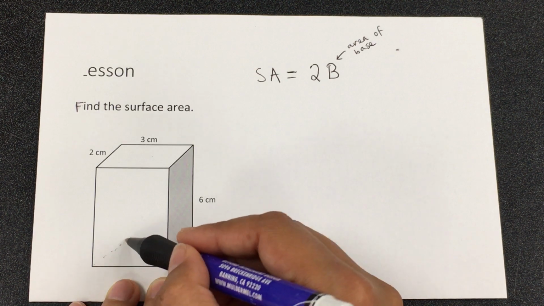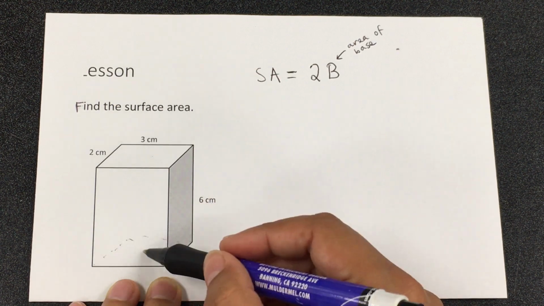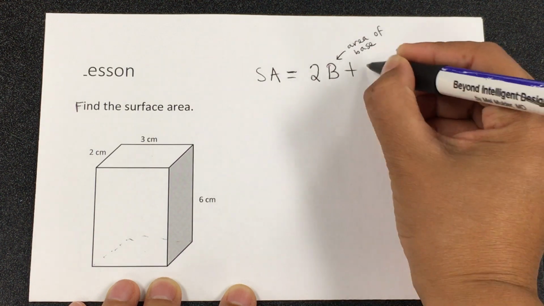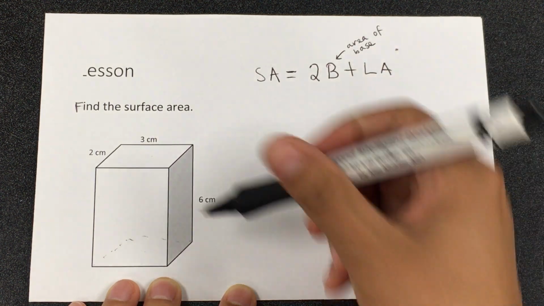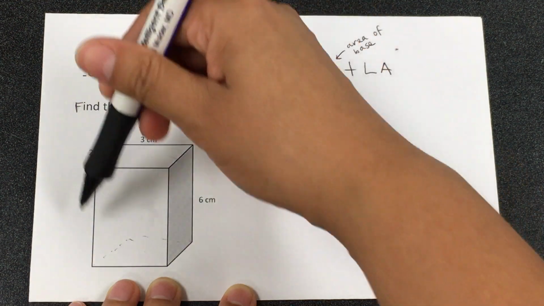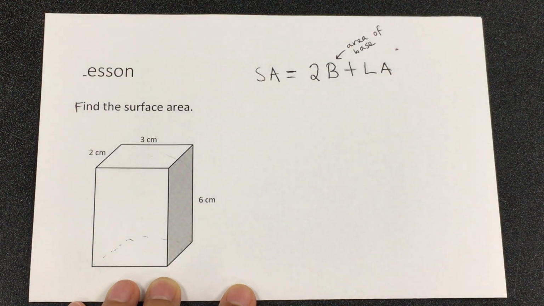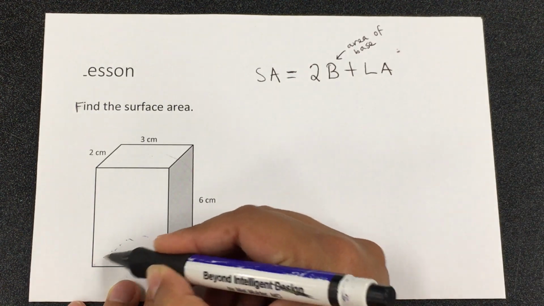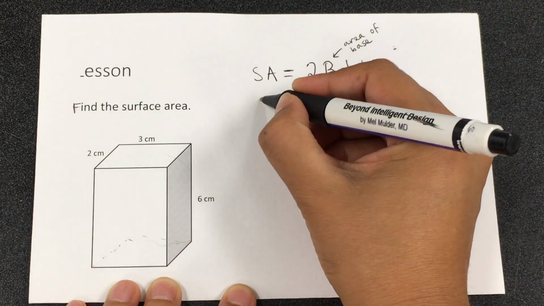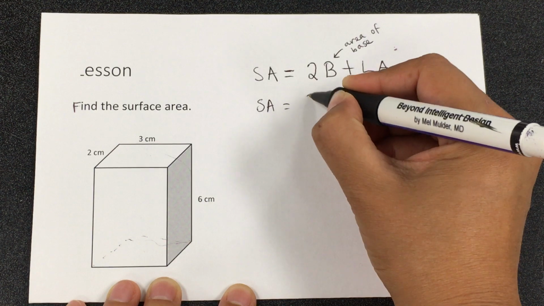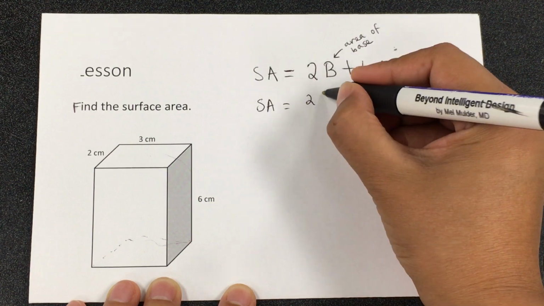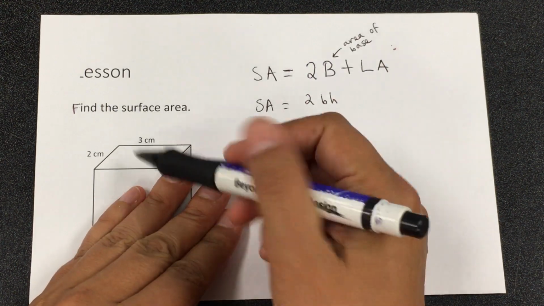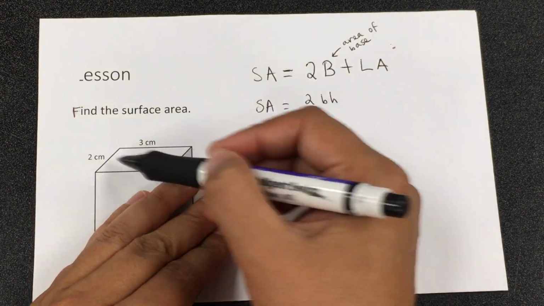Okay, there is one in here that we can't really see, but they have the same measurement. Plus the lateral area, meaning all around this box. Okay, and for the base of the rectangle down here, you're going to have 2 and then times base times height of the rectangle. Okay, so that's for this area.